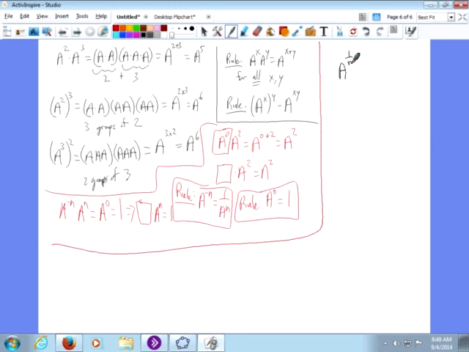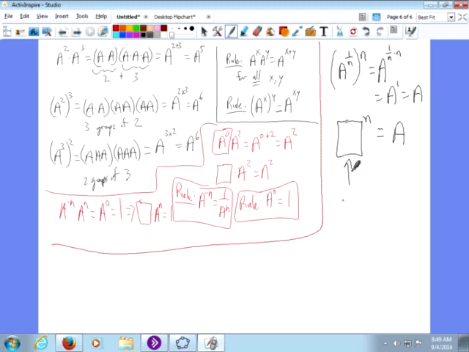If we take a to the 1 over n, what should happen with a fractional exponent? If we raise that to the nth power, by our second rule we have to multiply the powers. That's a to the 1 over n times n, which is just a to the 1, which is a.